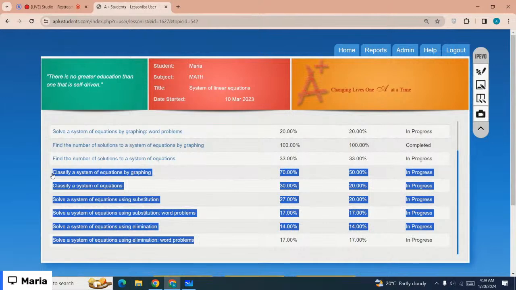You can do the word problems on your own, right? And solve a system of equations using elimination. You can do word problems on your own, right? So please make sure before the next session you complete all the practice questions for the lessons we have just done. That is your homework until the next session, right?